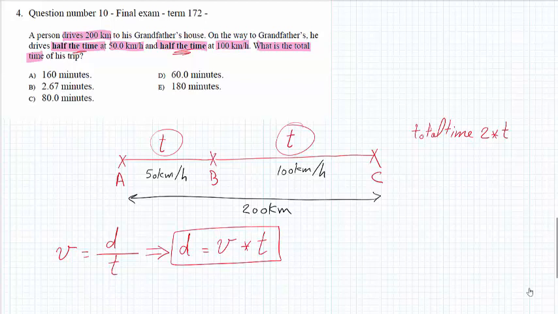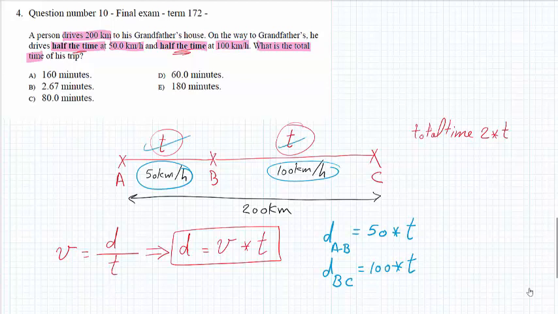From A to B, the distance from A to B equals the speed from A to B, which is 50 kilometers per hour, times the time T. And the distance from point B to point C equals the speed in the second part, which is 100 kilometers per hour, times the same time, because both times are the same. The first distance plus the second distance must equal the total distance, which is 200 kilometers.